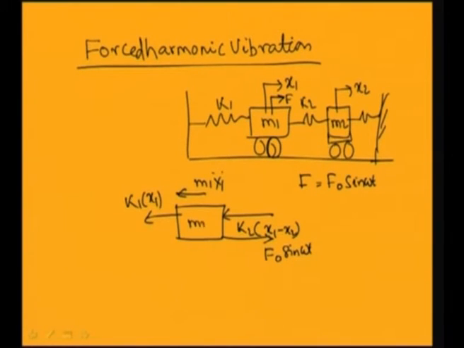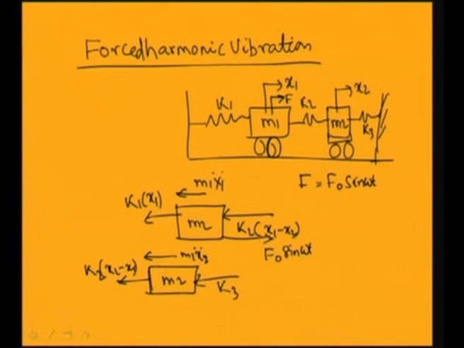But for this mass M2, the free body diagram is same as before. So, this is equal to M2 x2 double dot, then K2 into x2 minus x1, and this side it is equal to K3 into x2.